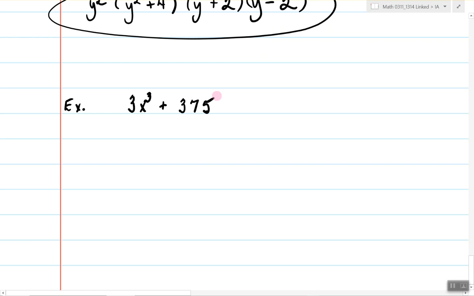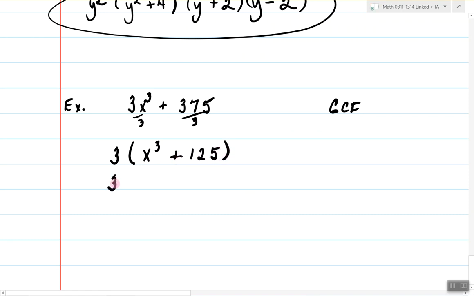Well, it turns out that there is a GCF. 3 does go into 375. I just made this up, so it's not overly creative. But 3 is a common factor. Divide by 3, divide by 3. That gives me x cubed plus 125.